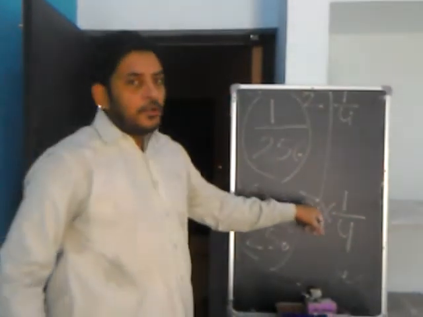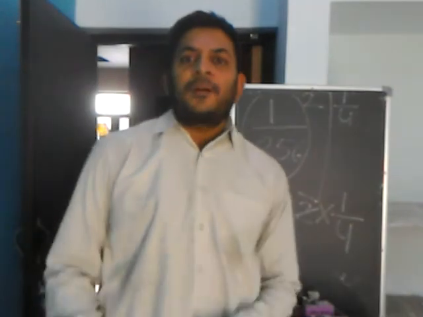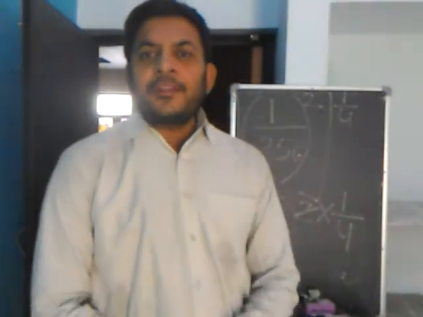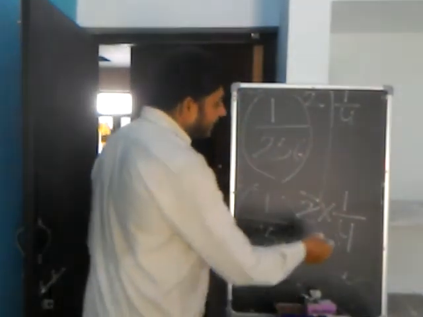Now this 2 is the numerator and this 4 is the denominator, but both can be divided by 2, so I divide them by 2. 2 ones are 2, 2 twos are 4.